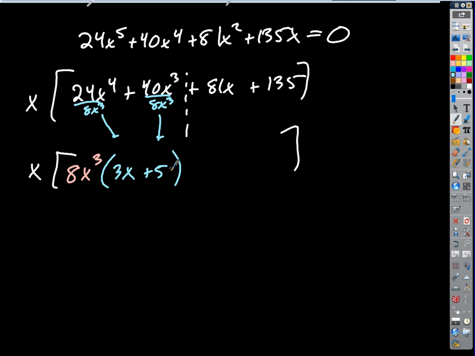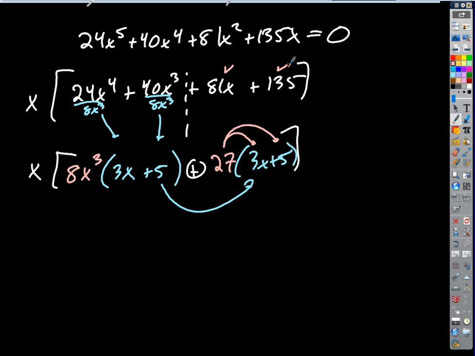Plus, second group. First thing I do in the second group is 3x. And then what times 3x is 81x? 27. There you go. Let's try it. It gives me 81x.